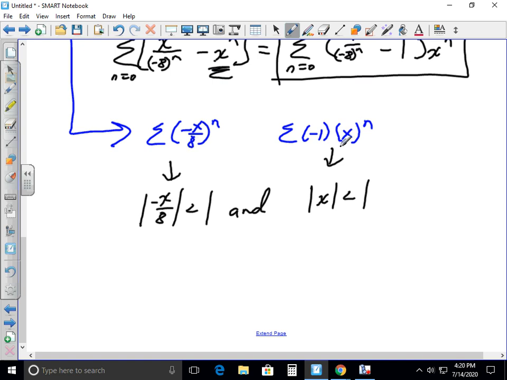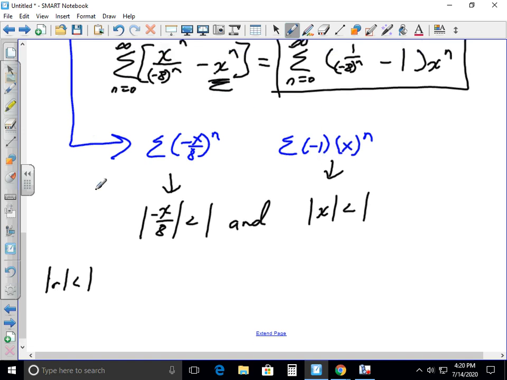R is x here. And for a geometric to converge, the absolute value of r has to be less than 1. So this one and this one both have to converge, or otherwise, if only one of them converges, if the other one diverges, then the whole thing diverges. If you add something to infinity, infinity takes over. So if one of these is divergent, that one takes over.